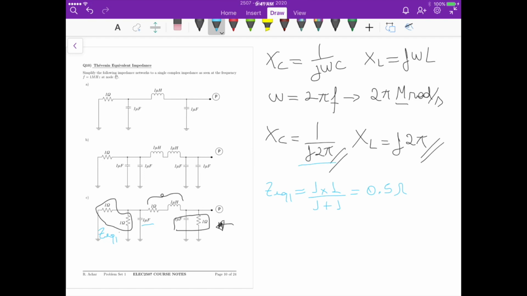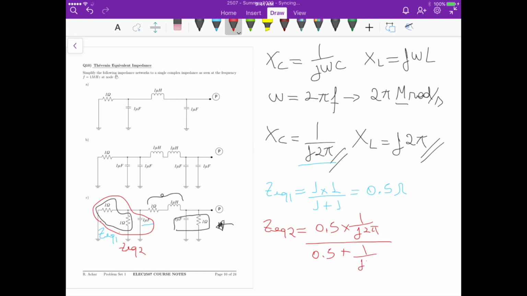So let's call that ZEQ2. So let's take this one here in parallel with this. And for ZEQ2, we have 0.5 times 1 over j 2 pi divided by 0.5 plus 1 over j 2 pi, right?